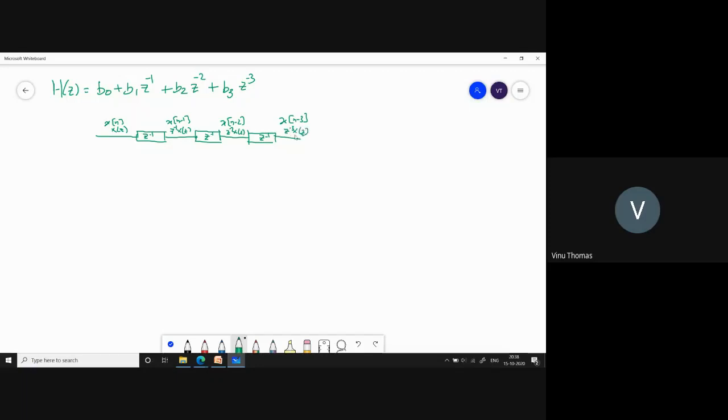And you take taps as follows. This is multiplied by V0, so here I have a tap V0. And here I will multiply by the tap V1, and this is multiplied by V2.